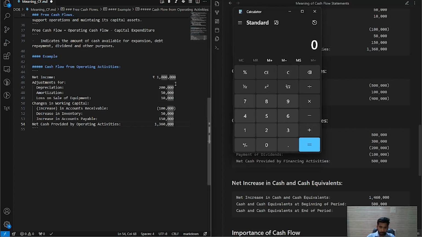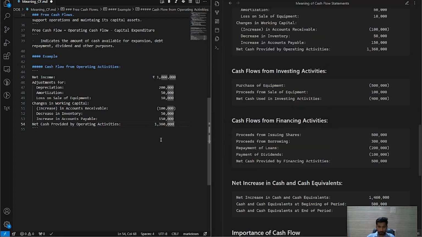Sorry, the total income is rupees 10 lakh, depreciation is rupees 2 lakh, amortization is 50,000, and loss on the sale of equipment is rupees this much. Then we have the changes. That means there is an increase in accounts receivable of rupees 1 lakh, there is a decrease in the inventory, and then there is an increase in the accounts payable. So the total value comes to 13 lakh 60,000, including the changes.